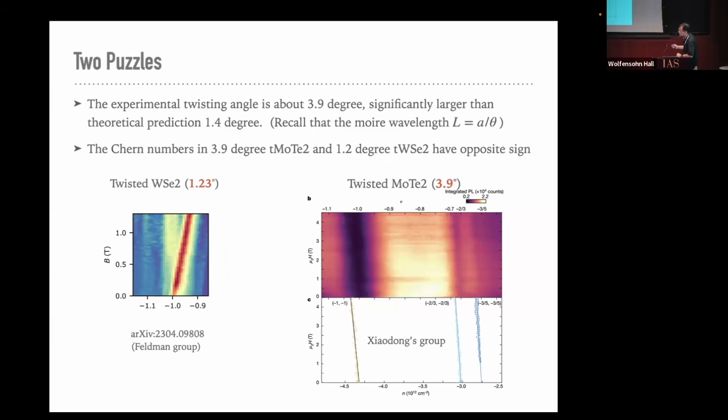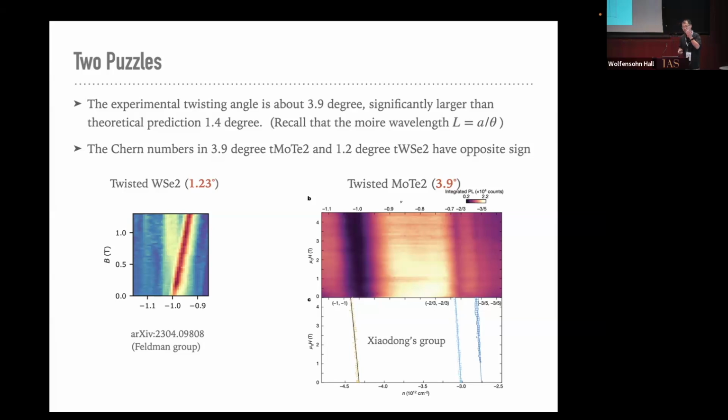But in the phase diagram that I just showed you earlier, the prediction is 1.4 degrees. You can say, of course, experiment and theory cannot always match, right? The theory shouldn't be too arrogant. But 1.4 degrees versus 3.9 degrees, that's actually a huge difference, right? That's 2.5 times smaller in terms of the Moiré potential. So something is probably wrong with the original modeling.